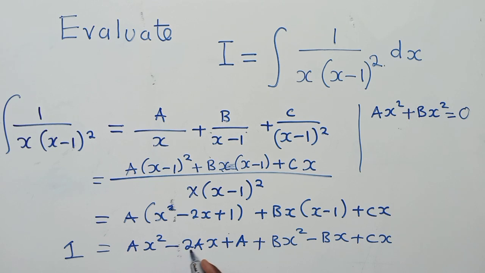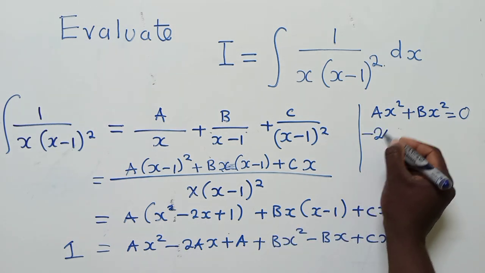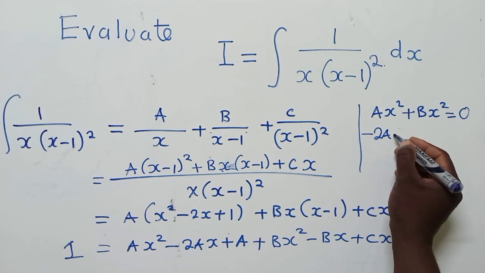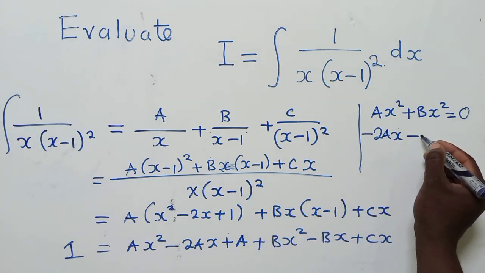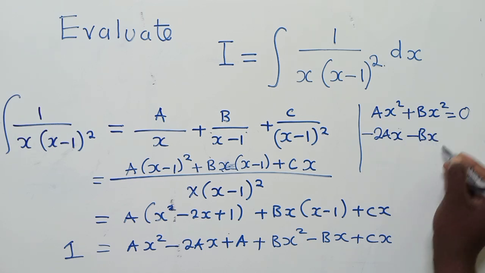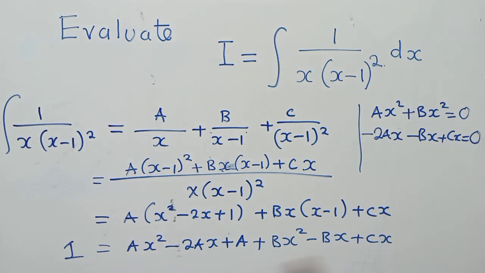Next we go to the one with power 1. It will go with minus 2Ax minus Bx plus Cx, which is also equal to 0, because on this side we don't have anything with x.